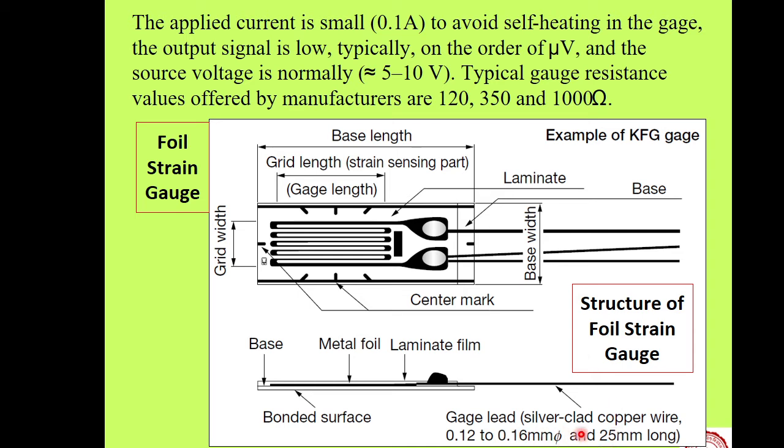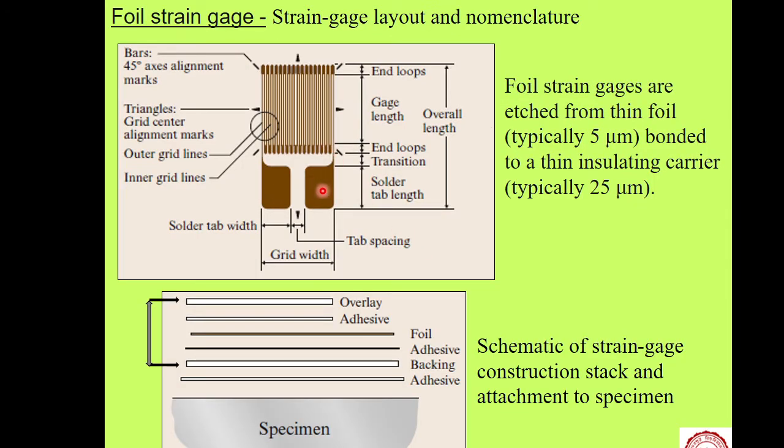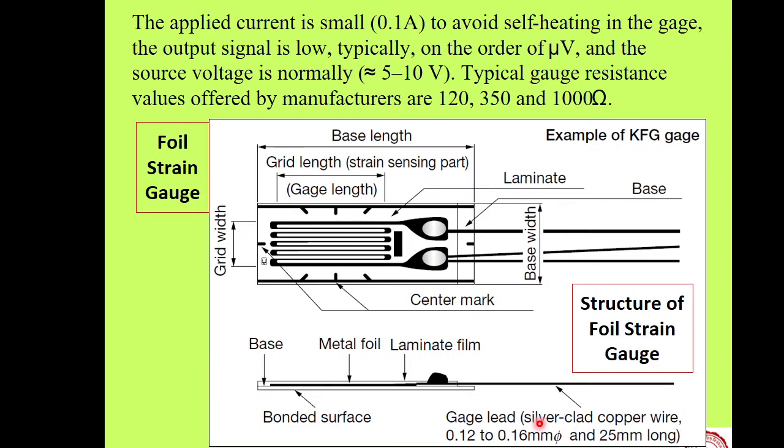Gauge lead is silver clad copper wire. Their diameter is some fractional millimeter, and 25 millimeter long, which sometimes comes along with the strain gauge. Then there are other gauges where we don't have those wires connected. We can directly connect these wires, but again note that these wires play a major role in measuring the strain.